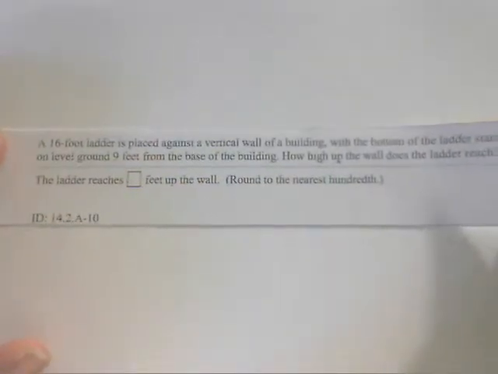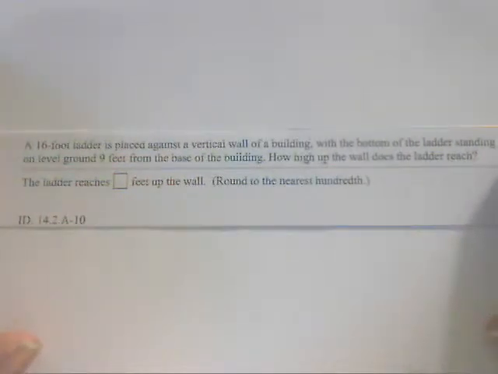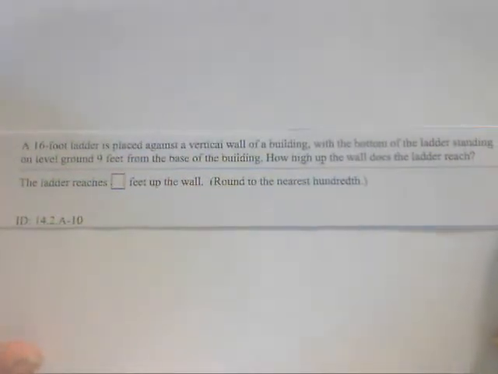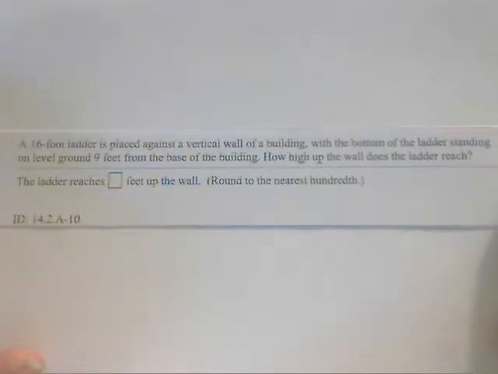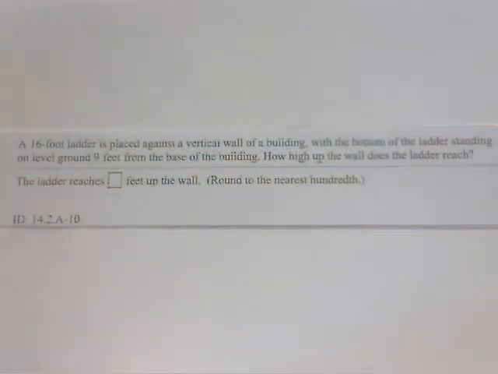Okay, here's the next problem. A 16-foot ladder is placed against a vertical wall on a building with the bottom of the ladder standing on level ground, which is 9 feet from the base of the building. How high up the wall does the ladder reach? Sometimes it does help to draw a picture of this particular situation.